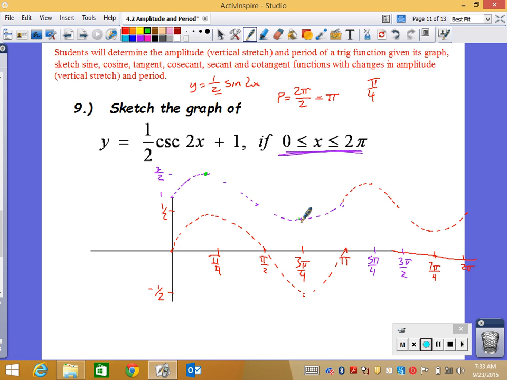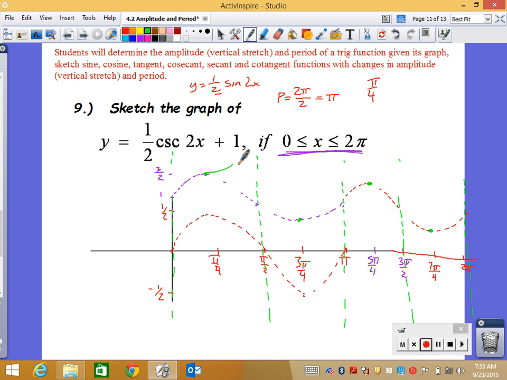Cosecant and sine, they share the highs and the lows. The peaks and the valleys, they share those. And then at every other key point, there's an asymptote. So those green lines now are my asymptotes.